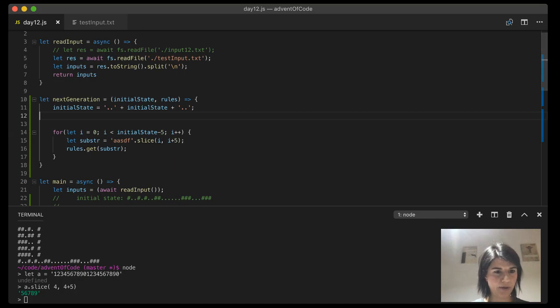Okay, so now I can go through the initial state. And substring, that looks a little bit wrong. That should be initial state.slice, rules.get substring. So we get the next one. Next is an empty string.